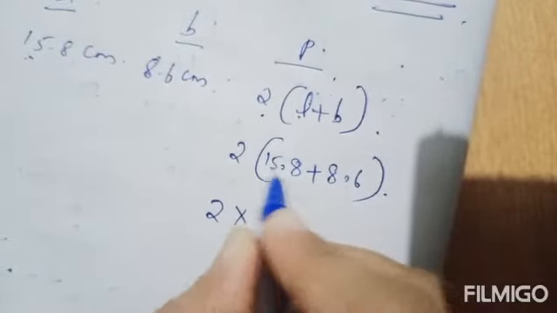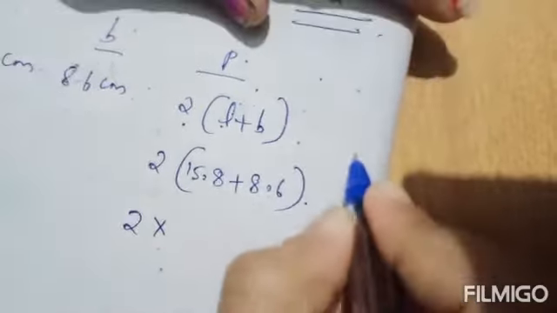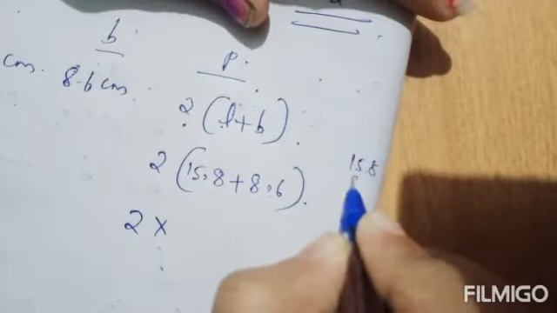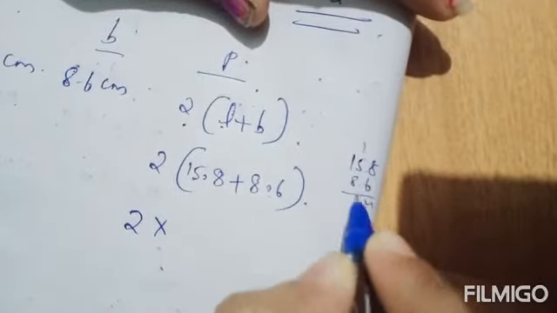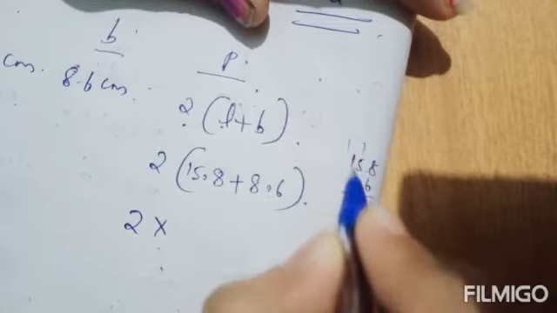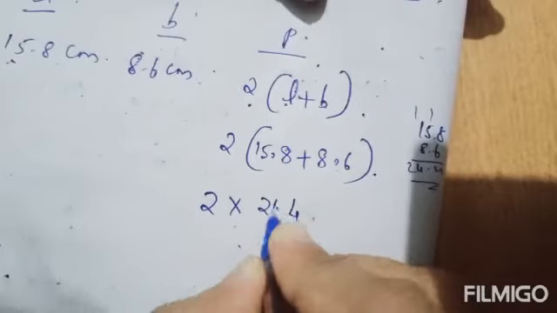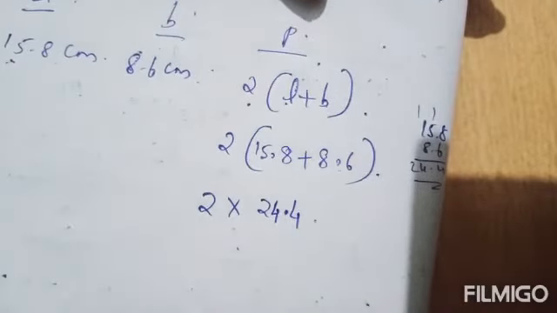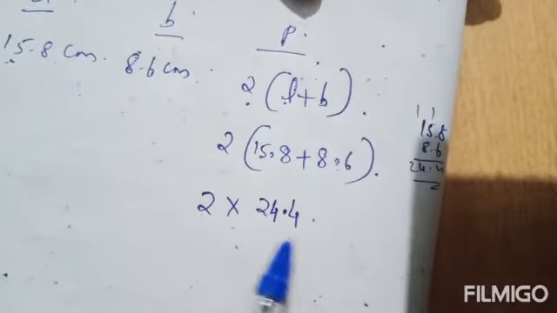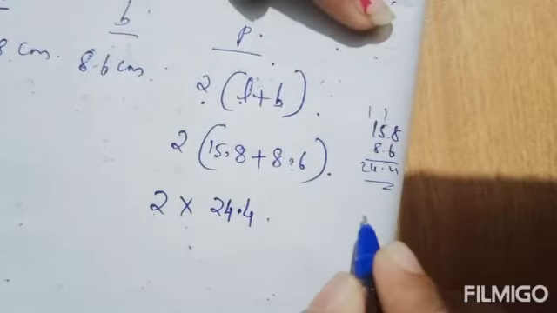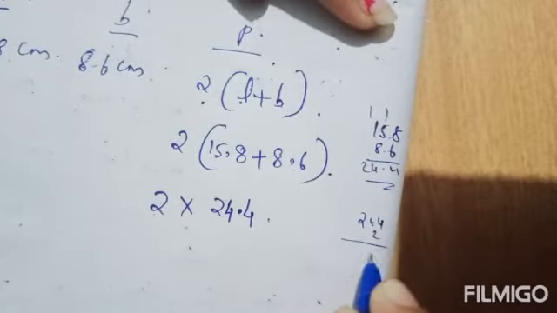2 into, find the sum, 15.8 plus 8.6. What you will get? It is 24.4. Okay, 2 into 24.4. Now find this product. 244 into 2 you will get 488.